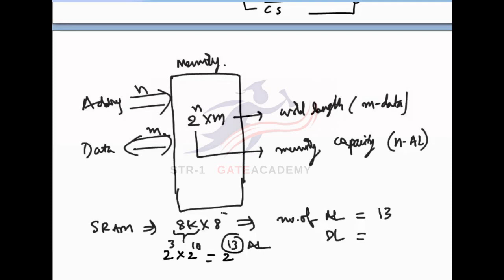And this directly explains the data bus. How much data bus does it require? 8 data lines. Address lines are 13 and data lines are 8. This explains the memory accessing capacity. So memory always depends on the number of address lines and number of data lines.